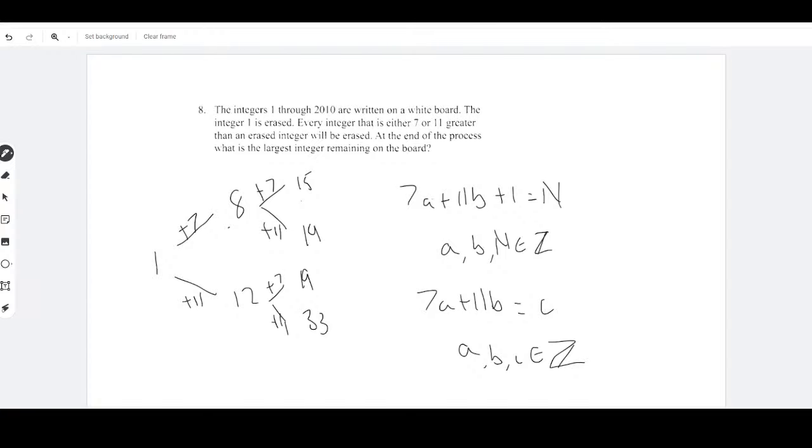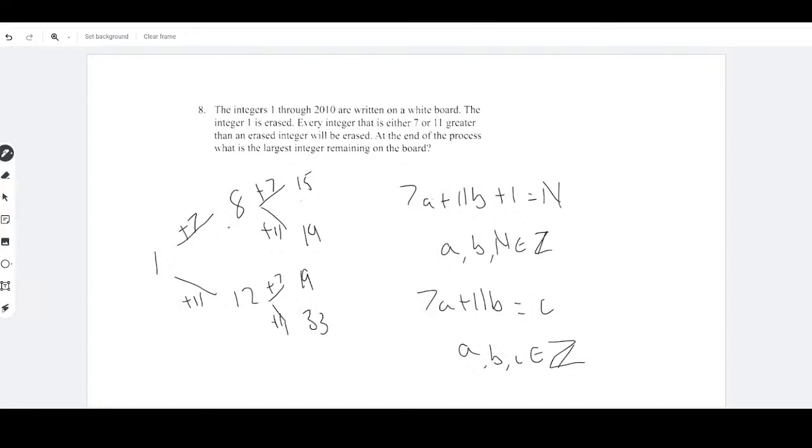If b is 4 mod 7, then c will be 2 mod 7. If b is 5 mod 7, then c will be 6 mod 7. If b is 6 mod 7, then c will be 3 mod 7.